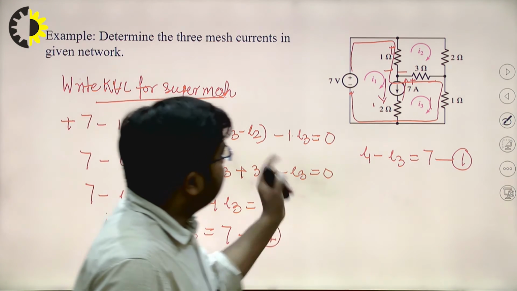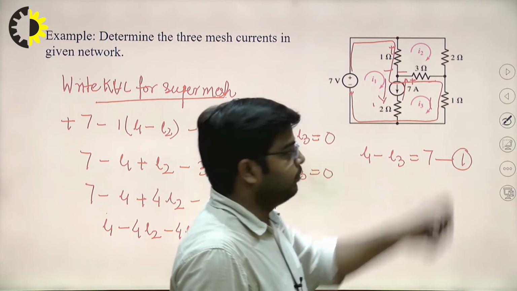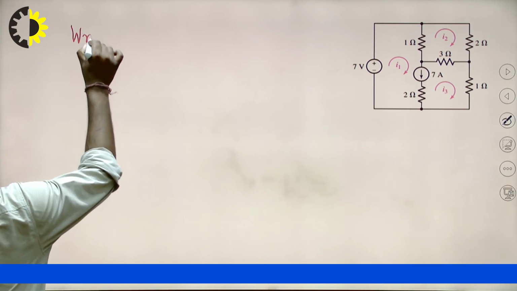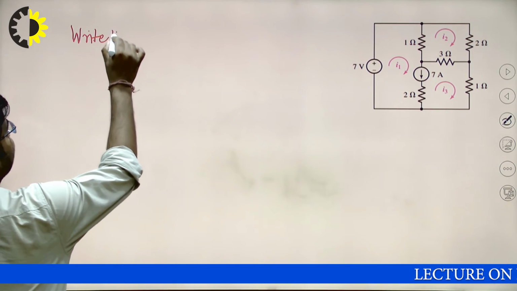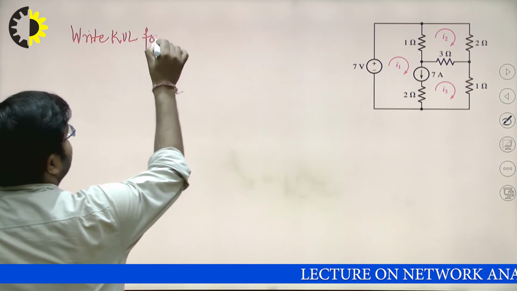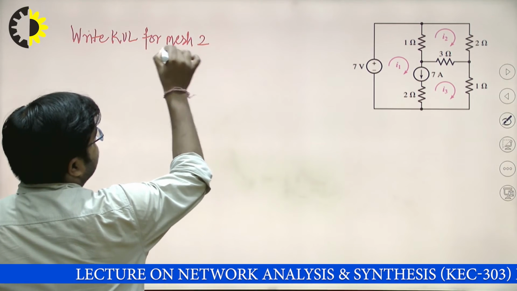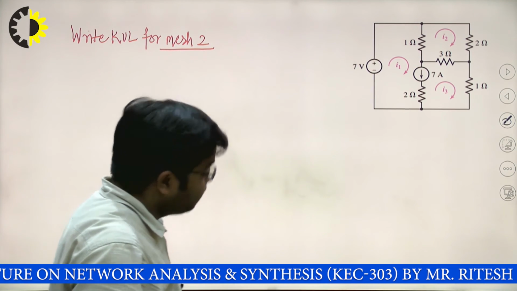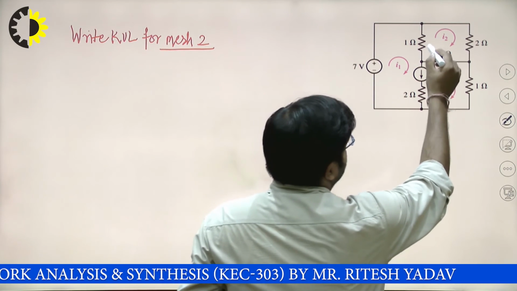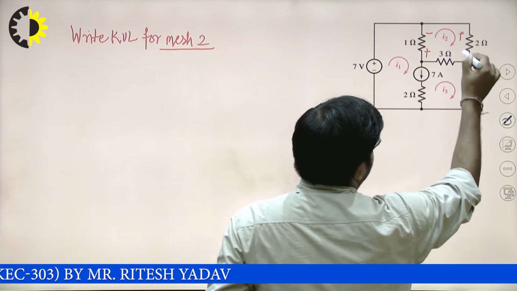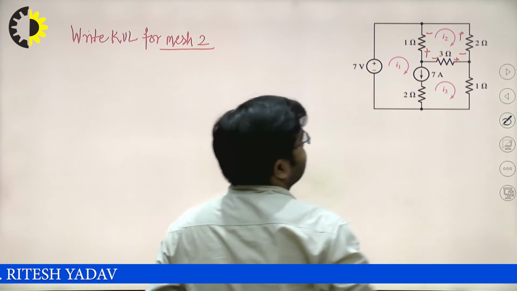Now write the KVL for mesh number 2. In this direction you can write the KVL, plus minus, plus minus.